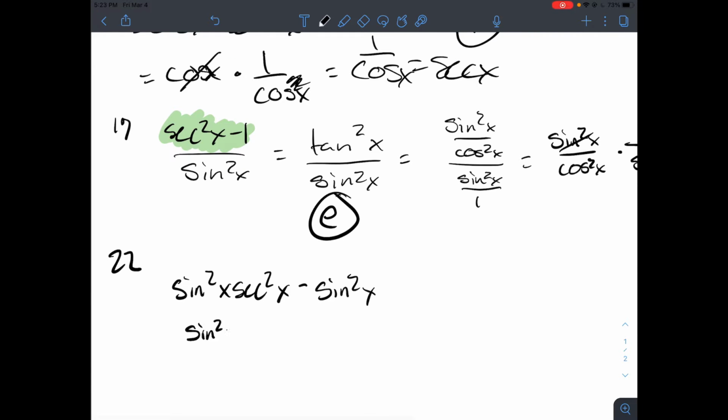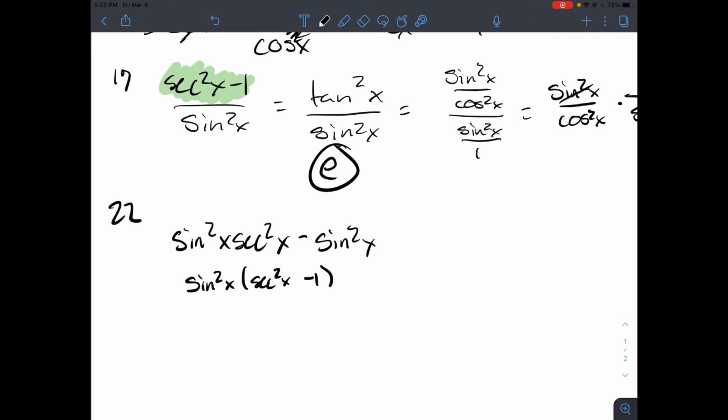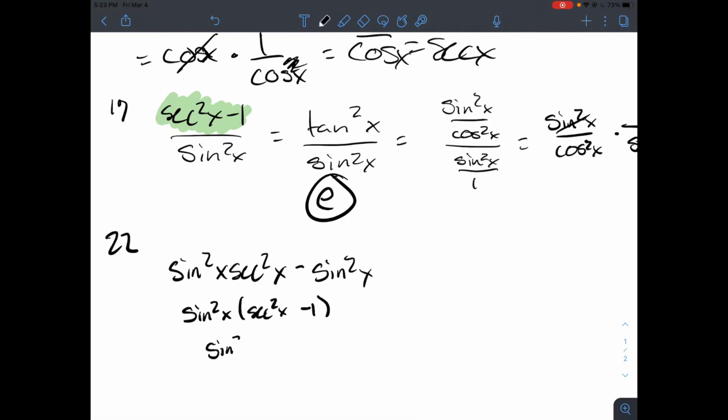So sine squared of x, secant squared minus 1, and we know from this problem that secant squared of x minus 1 is tangent squared. So this should be sine squared x times tangent squared x.